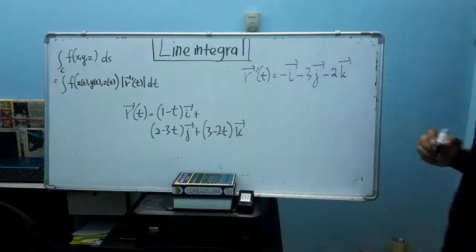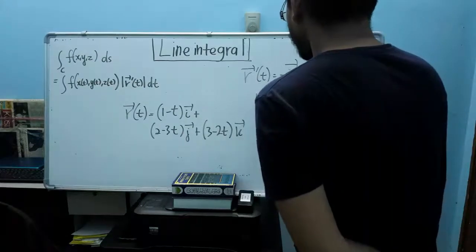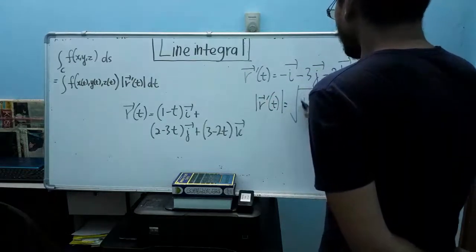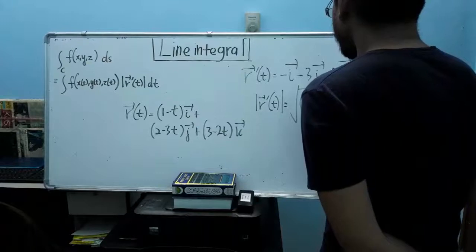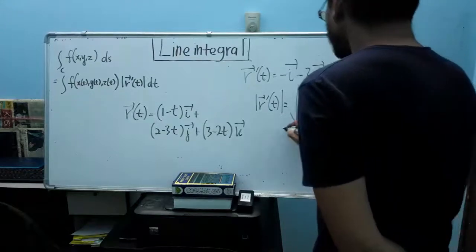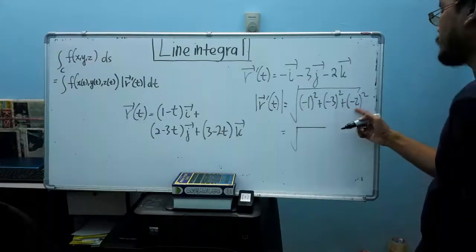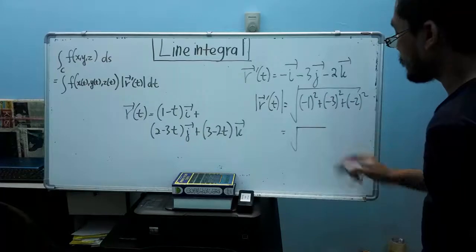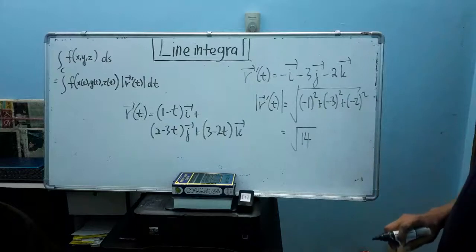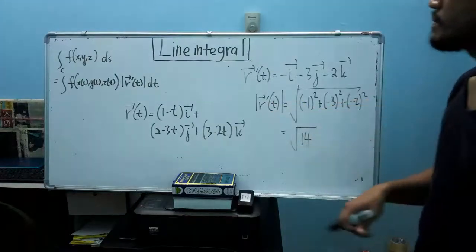Then I can find the magnitude of my r prime (t), which will be the square root of (-1) squared plus (-3) squared plus (-2) squared. So the final answer will be the square root of 1 plus 9 plus 4, which is the square root of 14.